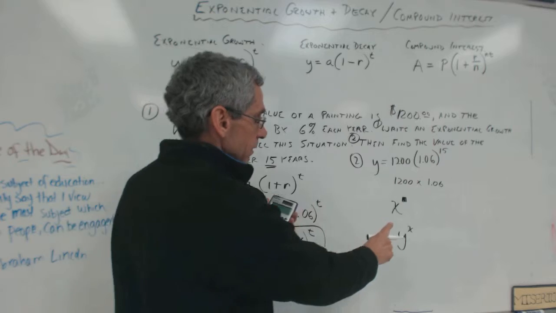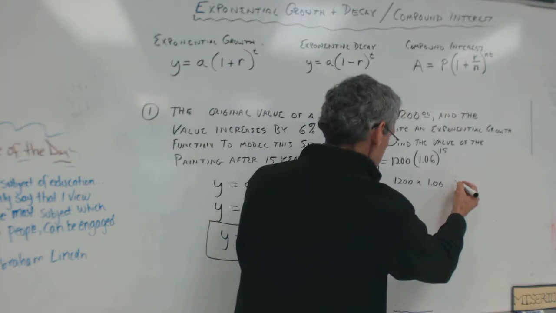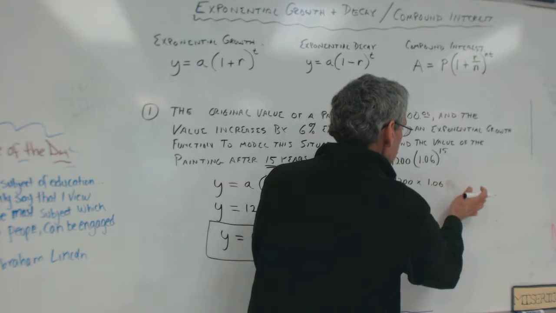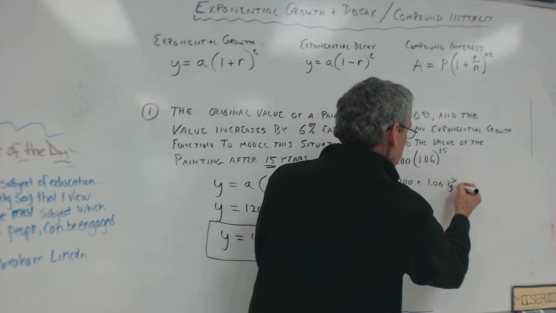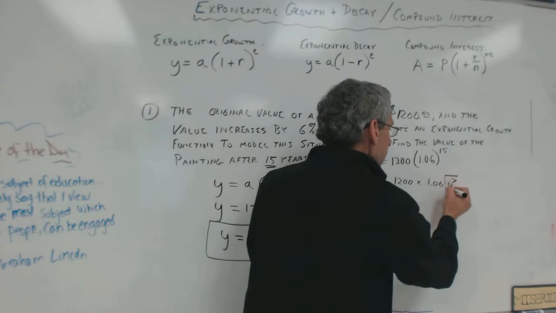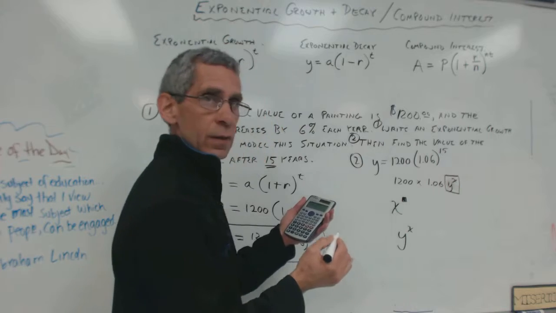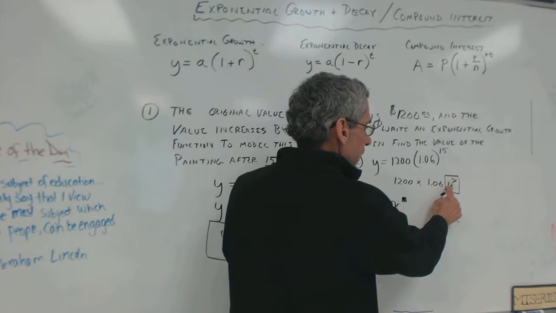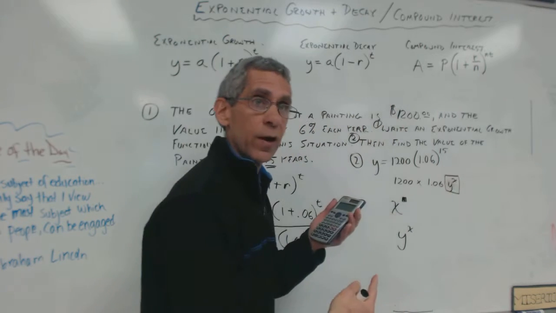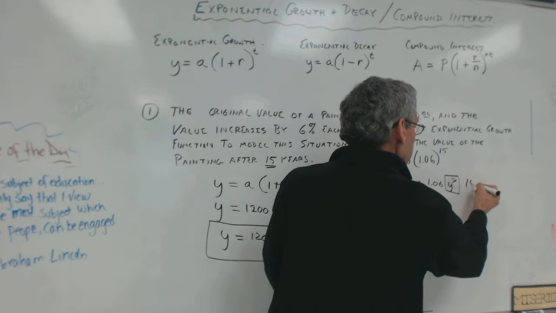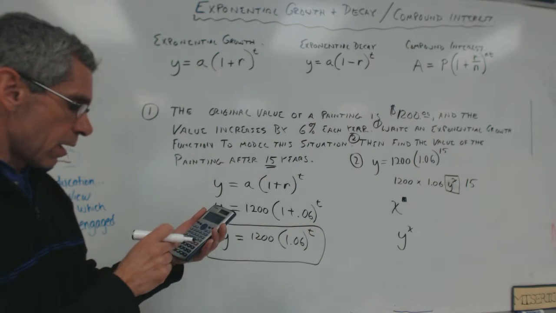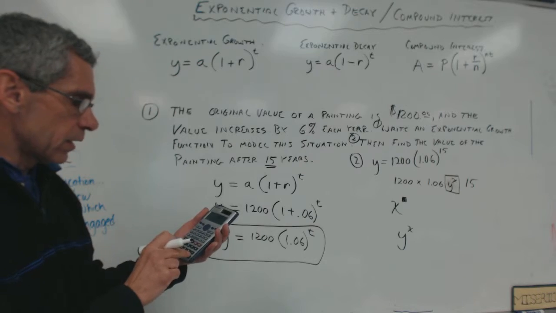And then I'm going to hit one of these buttons: y to the x. Does that make sense? Because the 1.06 is your y, and your exponent is going to be the next number you press. The next number is 15. And then I'm going to hit equals.